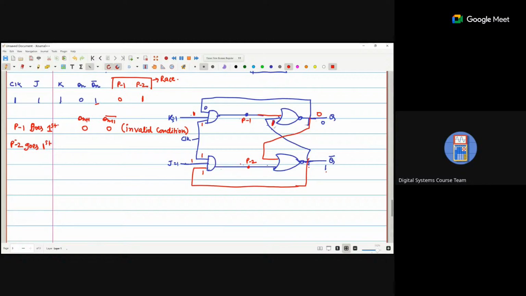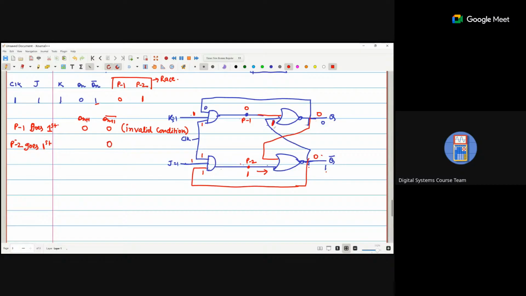Point 2 is 1. So because one input of the NOR gate is 1, the output is 0. Okay, so Qn bar we are getting is 0.